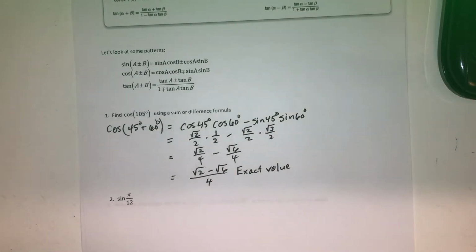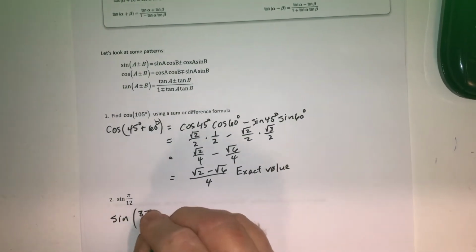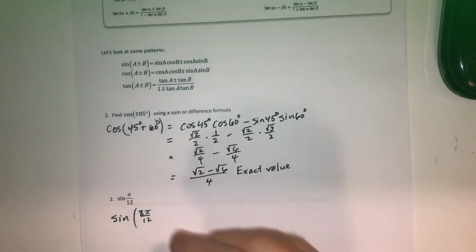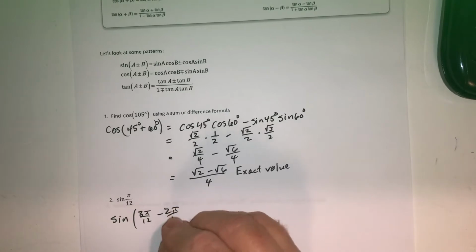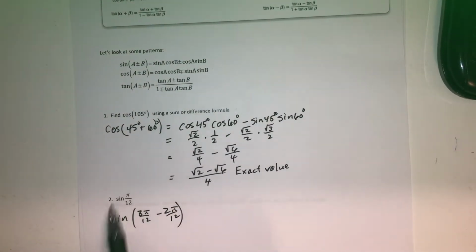And it says to use a sum or a difference, okay? Well, what I'm going to do is a difference this time. I'm going to think of this as the sine of 3 pi over 12 minus 2 pi over 12, because if you subtract these two, you'll go right back to pi over 12.